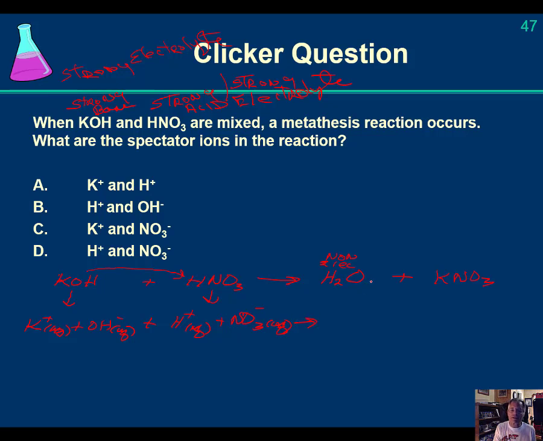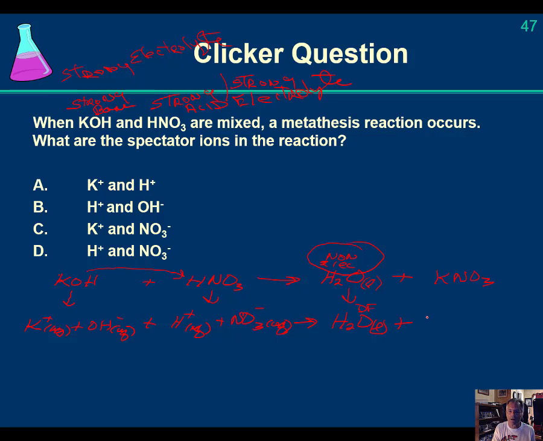All right, this is our driving force. It's a pure liquid. And so when we put this down, we don't dissociate this. This is H2O. It is a pure liquid. It is our driving force. It is a non-electrolyte, a molecular compound that does not dissociate.